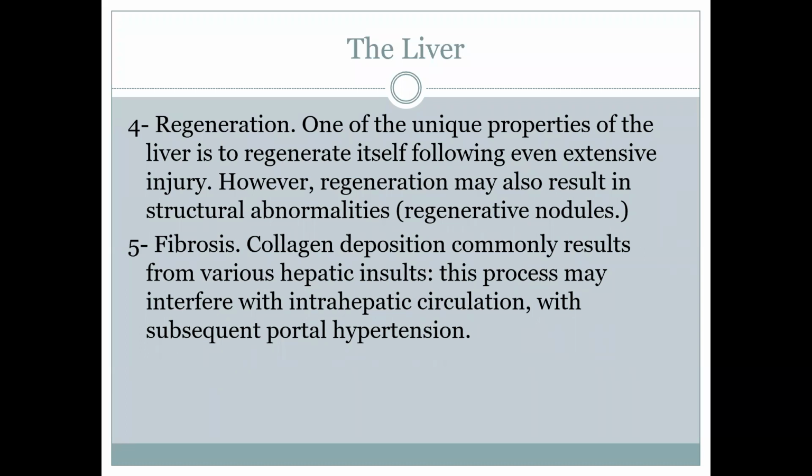If you look into this regenerative nodule, you will see that a very important feature of normal liver structure is missing. Instead of seeing a single file of cells, what is known as a single hepatic cord, lined up by hepatic sinusoids from both sides, that will not be there anymore.